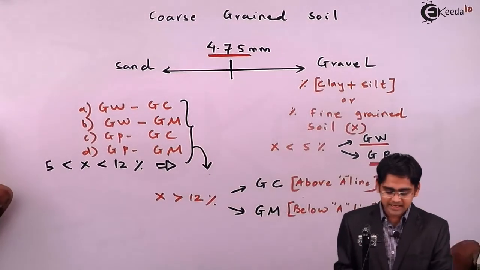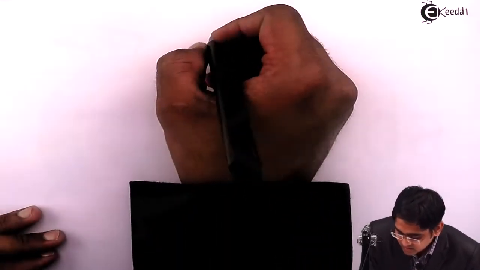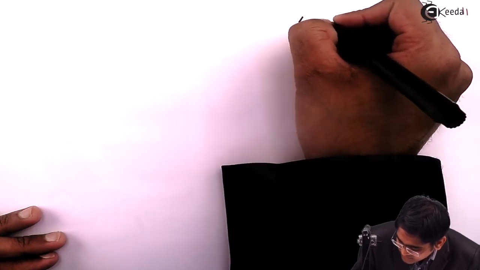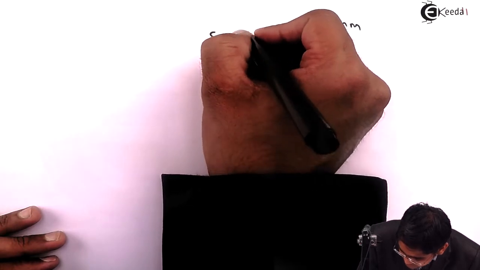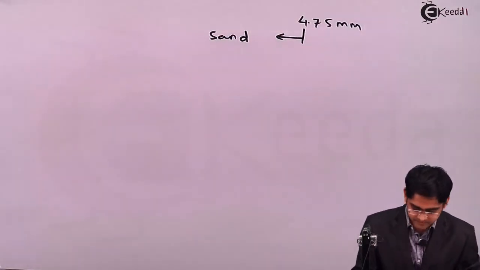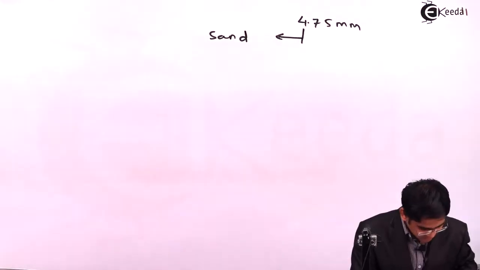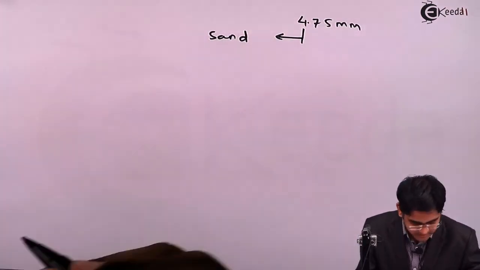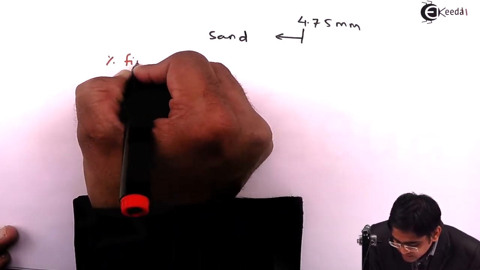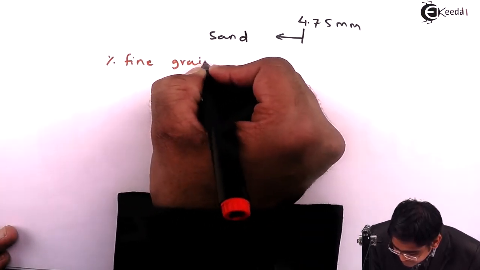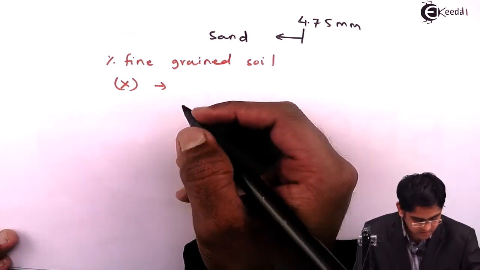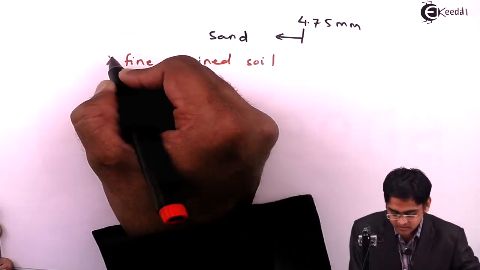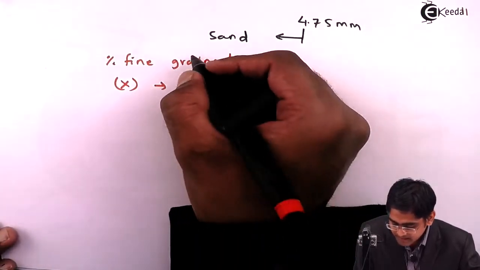On the same basis, for sand, I'll write 4.75 mm. I have this sandy soil. For sand, we again have X percentage, that means percentage of fine-grained soil. I call it X just for making things simple.